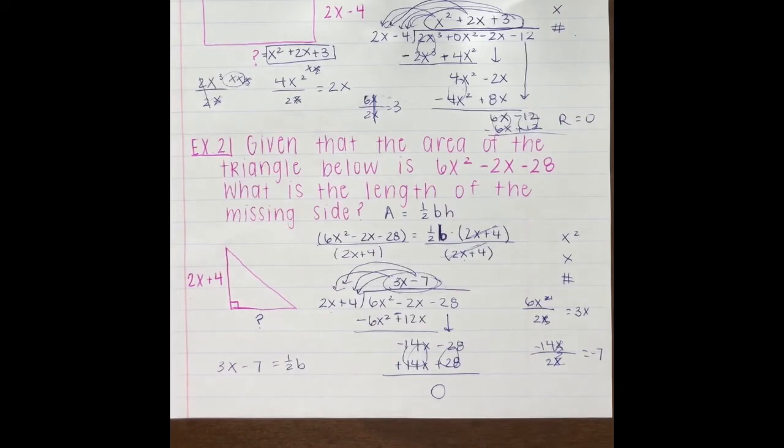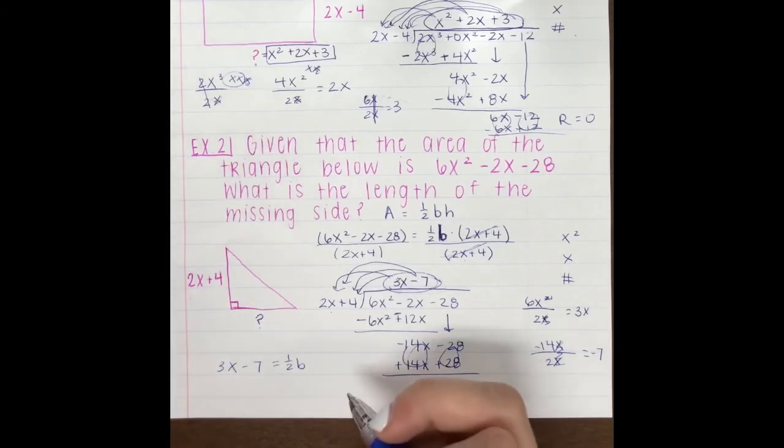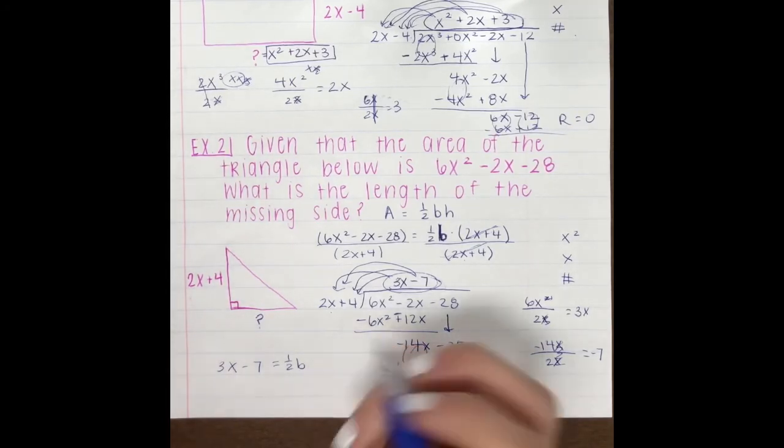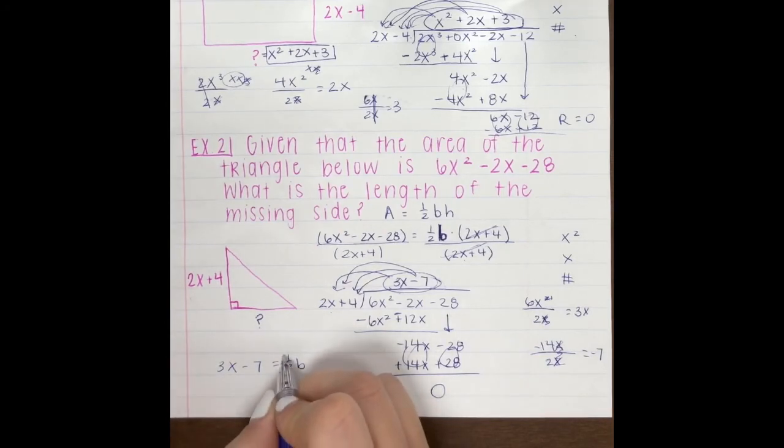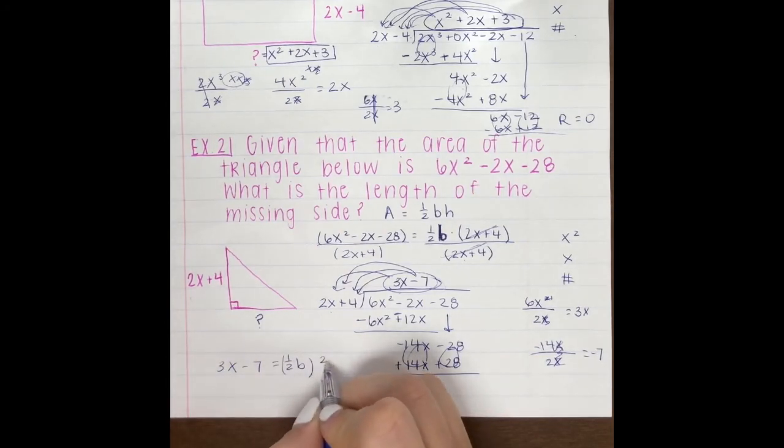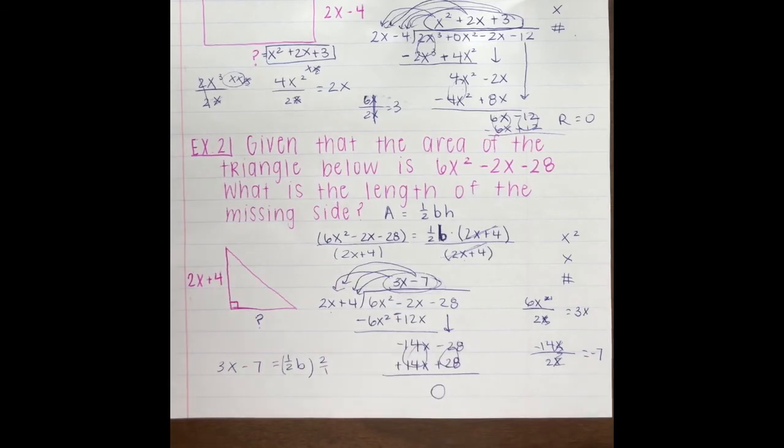minus 7, okay? Now the opposite of multiplying by a 1/2 would be to divide by a 1/2, but when you divide, you flip, right? So really the opposite of multiplying by 1/2 would be to multiply by its reciprocal, which would be 2, or 2 over 1, same thing.